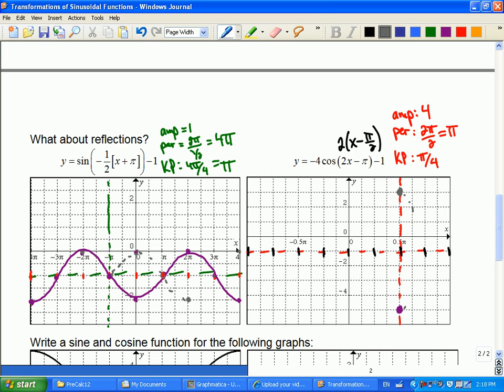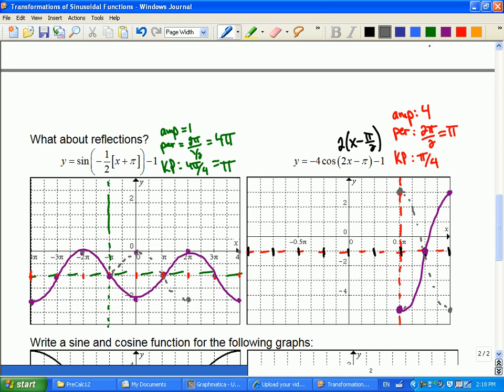So if you were to do just the general cosine graph, right, it'd be this gray graph, which is incorrect, right? But it gives you a sense of what's happening in the other graph. If I'm down at the bottom, then when I reflect it, I better be up at the top. So the real graph would be like this purple one. Not like this gray one I'll just put a dashed line on.